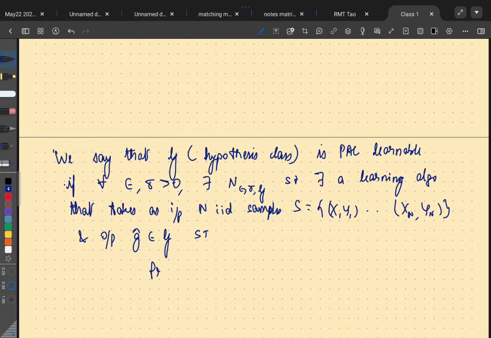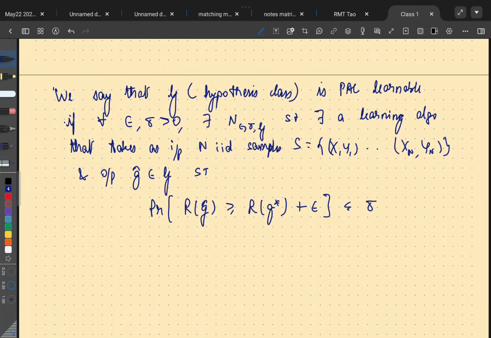with the property that the probability that R of g hat is greater than or equal to R of g star plus epsilon should be less than or equal to delta, as long as the number of samples is at least n of epsilon, delta, g.